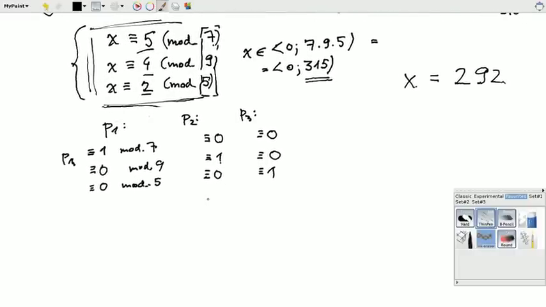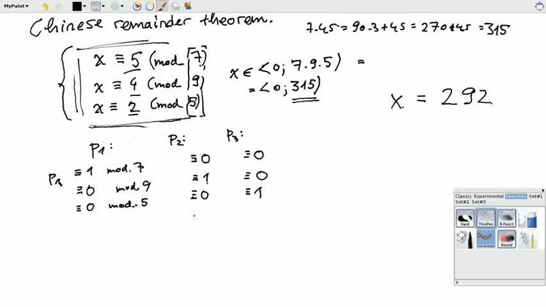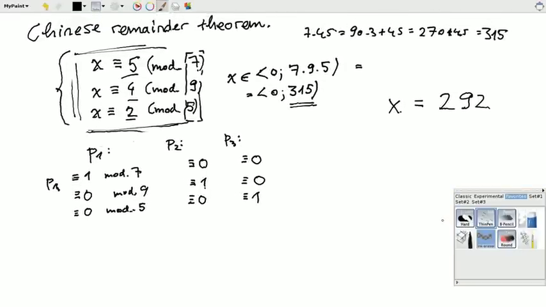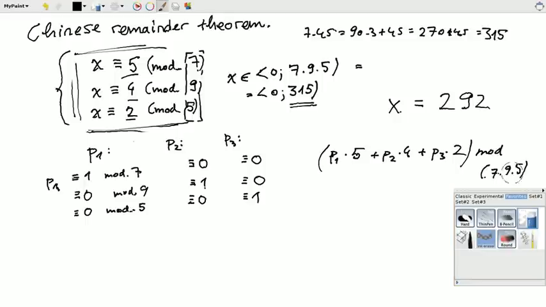To find those, we used the extended Euclidean algorithm, and after we got them, we just took P1 times 5 plus P2 times 4 plus P3 times 2, and we got some particular solution. And to get the smallest natural number that is also a solution, we just took the remainder after dividing by 7 times 9 times 5, which is 315.